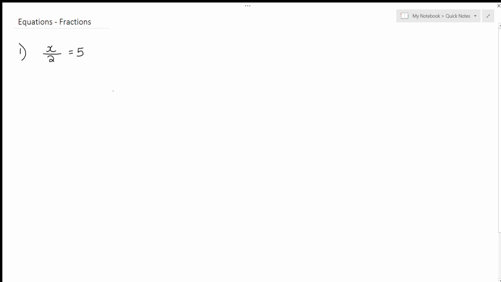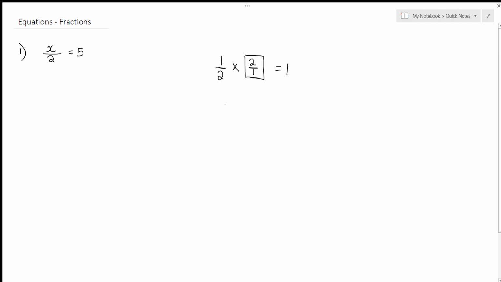So the first thing I want to do is I want you to look at if I had, for example, a half, and I said to you, what must I multiply a half by to get to 1? You would look at 1 over 2 and you would multiply by its inverse, which is 2 over 1.